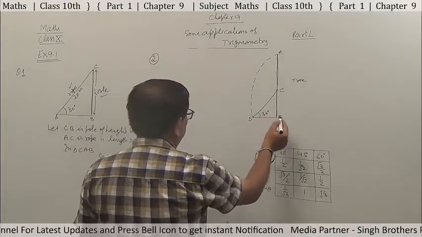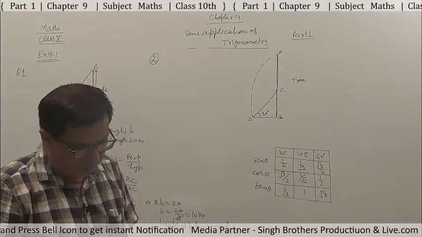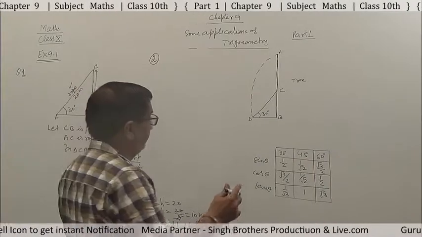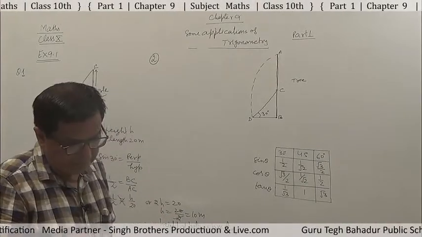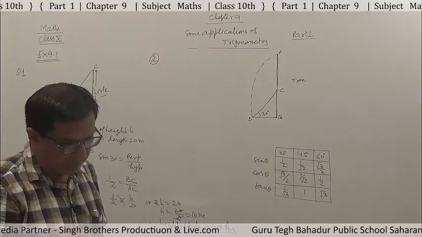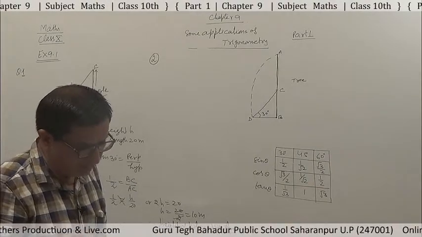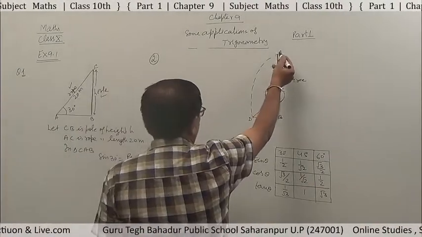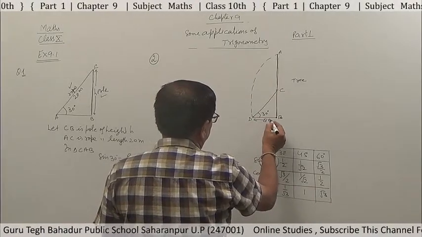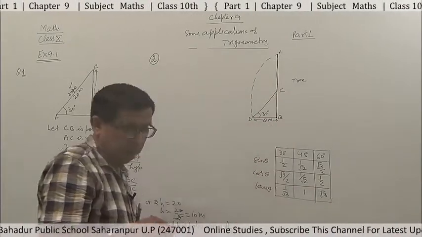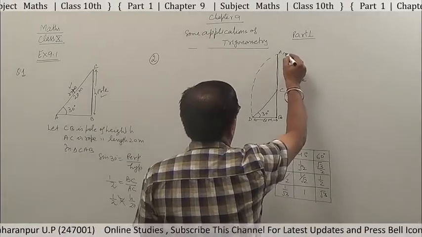The distance of the foot of the tree to the point where the top touches the ground is 8 meter. Find the height of the tree.